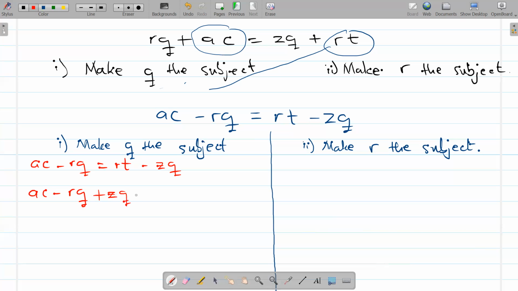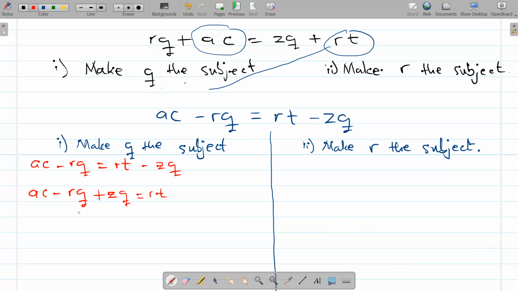Plus ZQ, it's equal to RT. That is the first step. So the next step is to move this AC from where it is to join the RT.